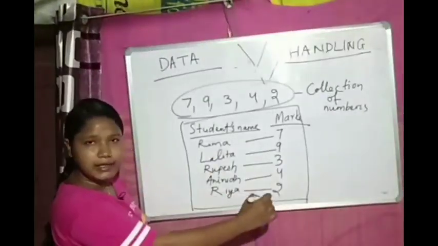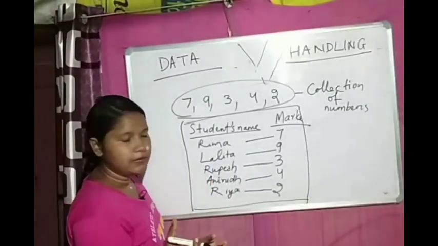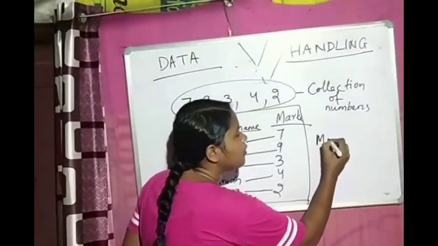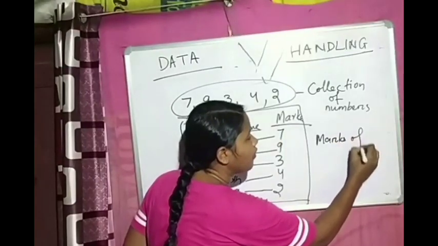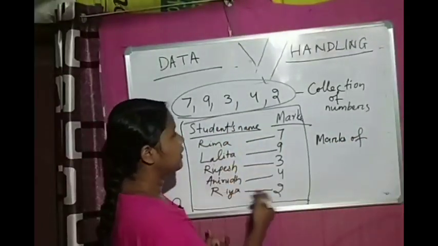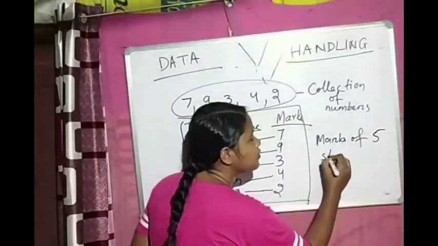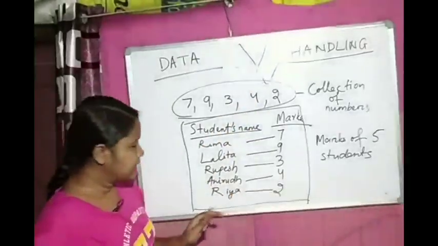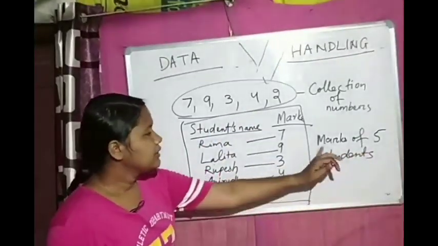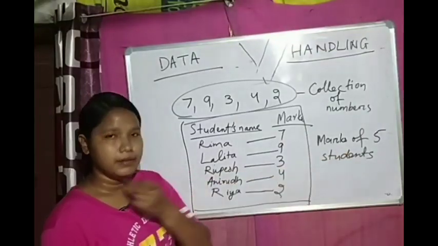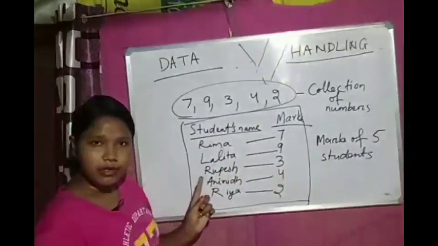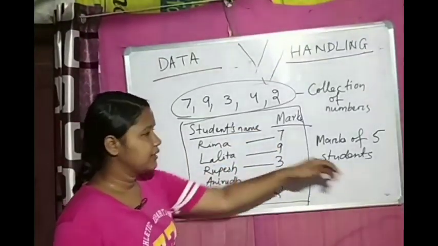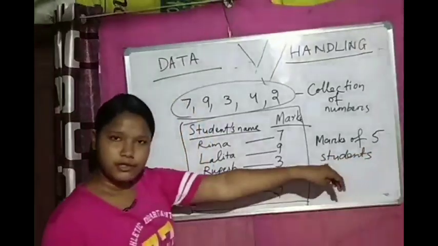By looking at the table, what information are we getting? That these are the marks of 5 students. So this table is giving information. Here the collection of numbers is gathered to give information, and that information is the marks of 5 students.